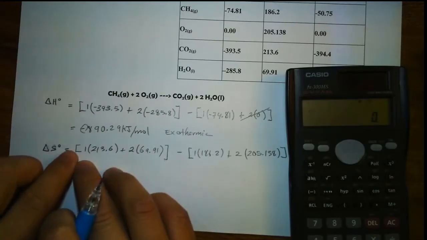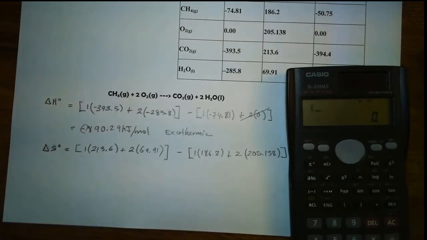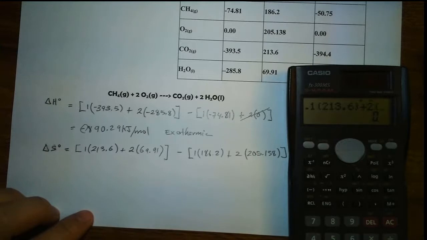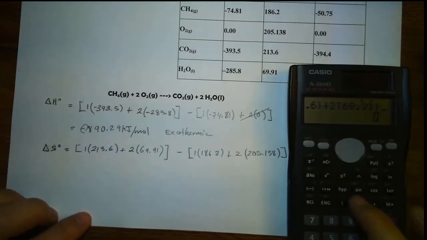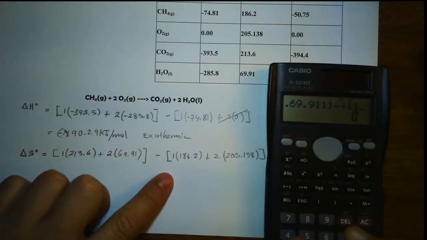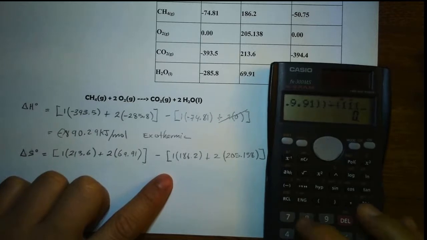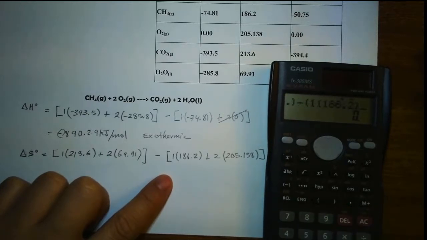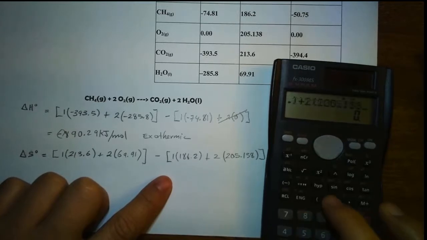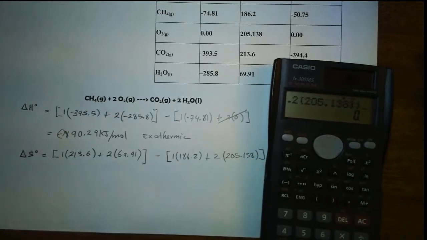Now let's plug into the calculator. Notice how the bracket represents parentheses. So we just parenthesis there, 1, okay, 213.6, parenthesis plus 2, parenthesis 69.91, parenthesis, and parenthesis again, minus parenthesis 1, parenthesis 186.2, parenthesis plus 2, 205.138, parenthesis, and then parenthesis with a bracket again.